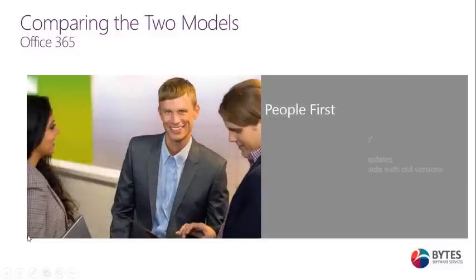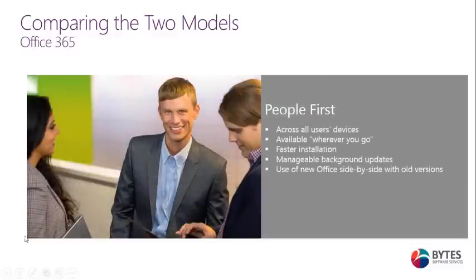Now with the Office 365 model, it licenses the user as opposed to the device. So it offers the user the ability to use up to 5 PCs or Macs to have a locally installed Office client. It also allows up to 5 tablet devices and 5 mobile phones as well.